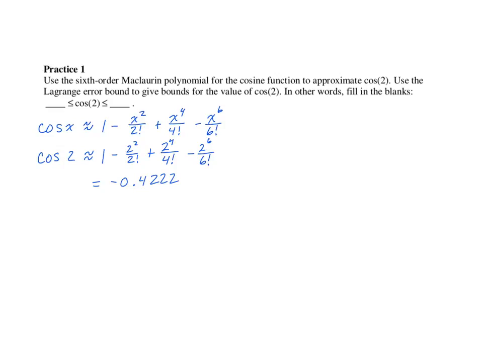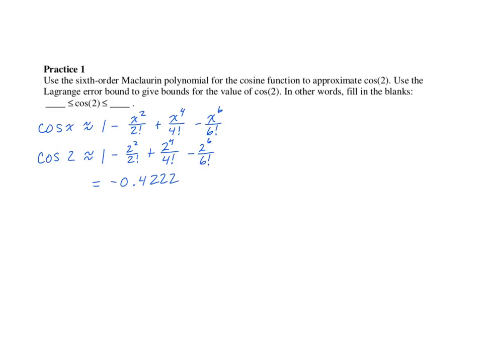Now what we want to find is the error, so that we can say our approximation has got to be in between what two values. We have to find that error, and that error will give us the plus or minus from our approximation. So how do we find that error?